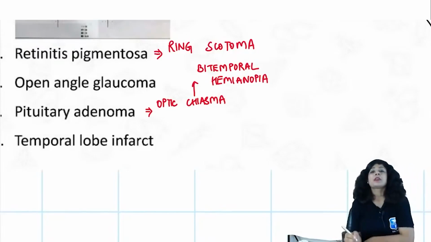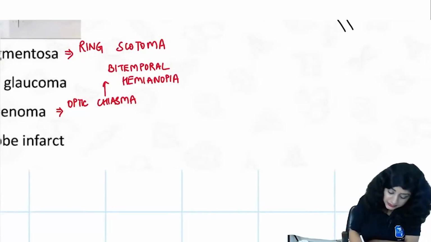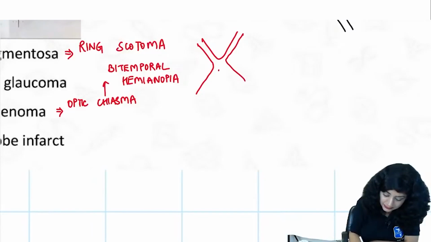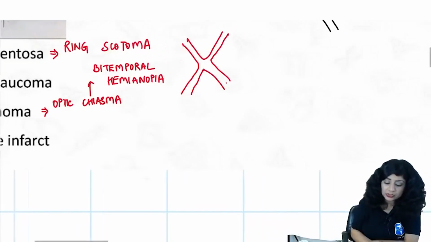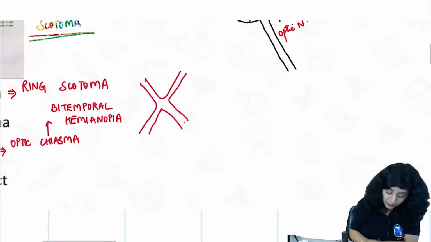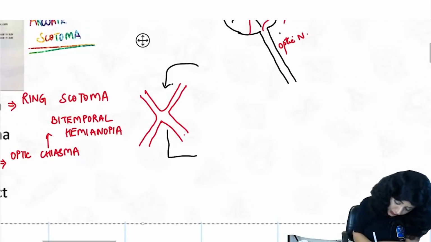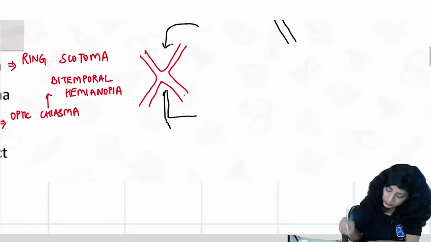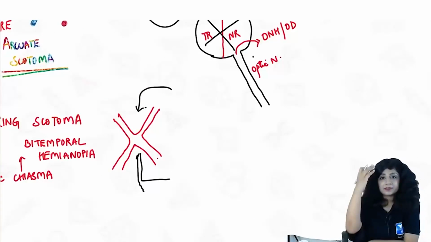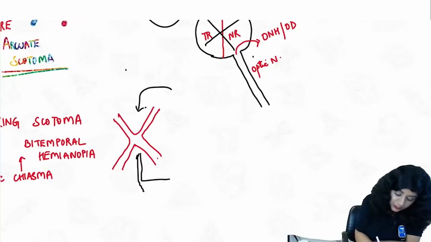And if I talk about this chiasma here, like this, okay? So this chiasma can be compressed from both the sides. It can be compressed from the superior side also. It could be compressed from the inferior side also. Okay? So superior is your Taj. So this will be your craniopharyngioma.